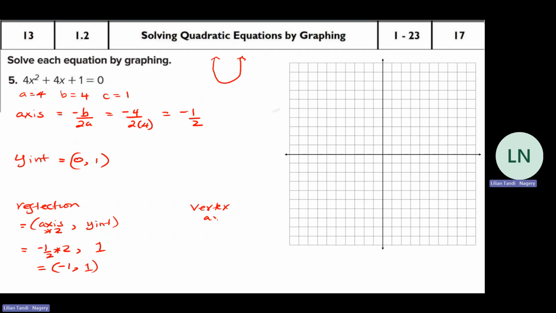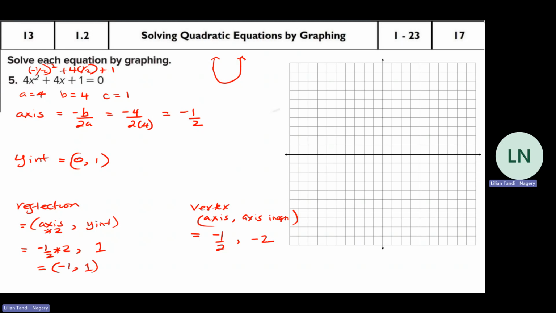Vertex will be axis and axis in equation. Okay? Axis is -1/2, and then axis in equation, if you put here -1/2 squared plus 4 times -1/2 plus 1, that should give you -2.